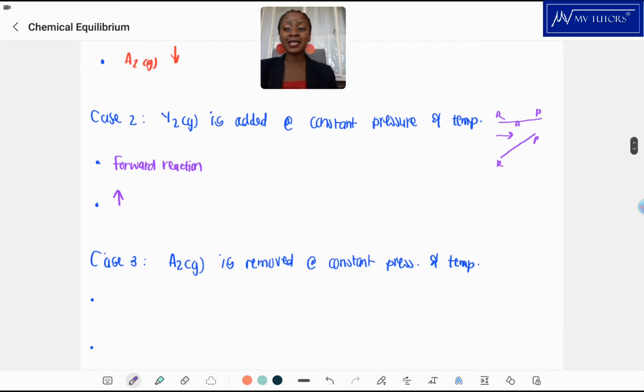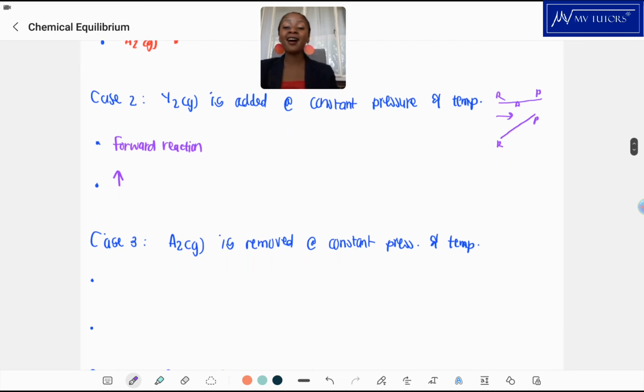In case 3, we have A2 removed at constant pressure and temperature. Again, our seesaw concept: you have your reactants, you have your products. Basically, you are removing the products. Remember, when you remove the chocolates, more chocolates come in.